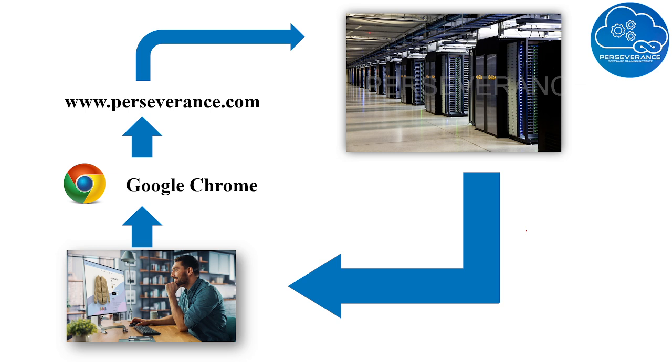In the latest restaurants, we call them waiters. But in the traditional hotels, they still call them servers, because if I ask for something, he will serve me. If I order some food, he will serve that food to me. In the same way, if I am requesting perseverance.com, this is serving me. That is why we call this a server, right?